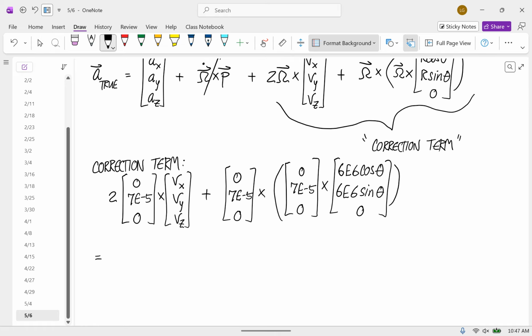And so we get 1.4 times 10 to the minus 4 Vz, 0 for y, and then negative 1.4 times 10 to the minus 4 Vx.